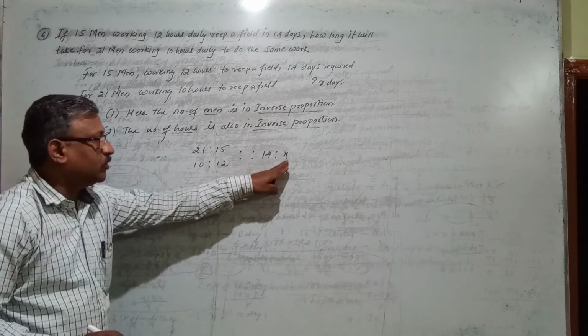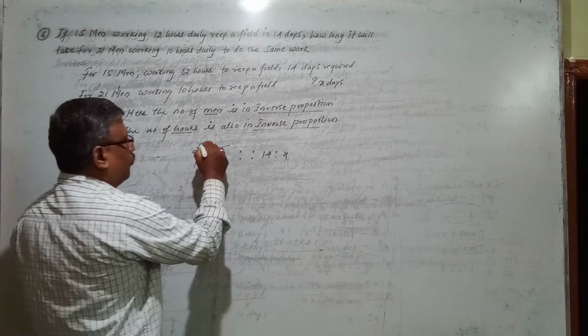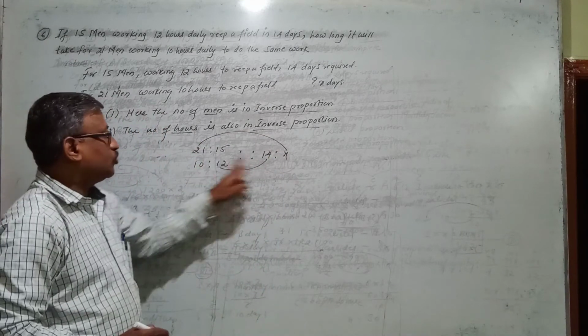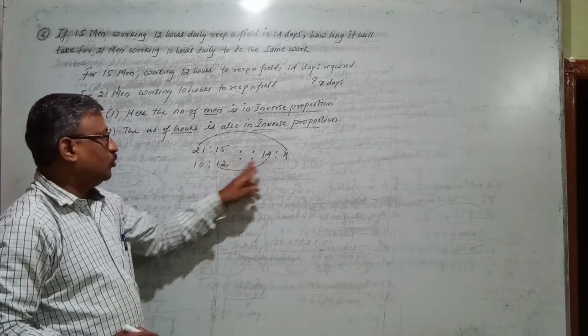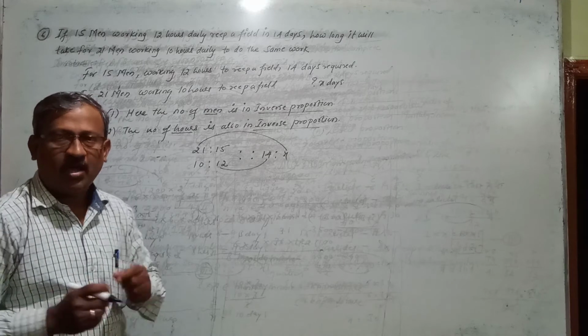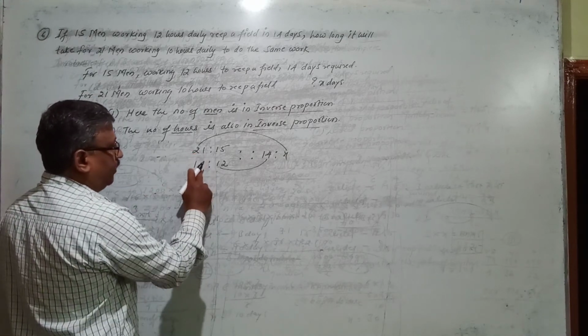And now to find the value of x, you have to use the rule of proportion. What does the rule say? In proportion, the product of extremes is equal to the product of means. The first and last terms are called extremes and the middle 2 terms are called means. So multiply the extremes on one side and the means on the other side. My extremes are 21, 10 and x.